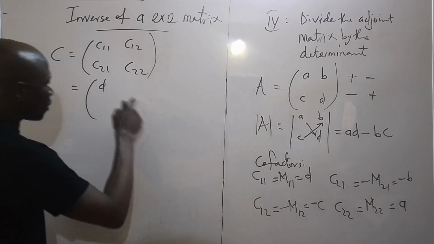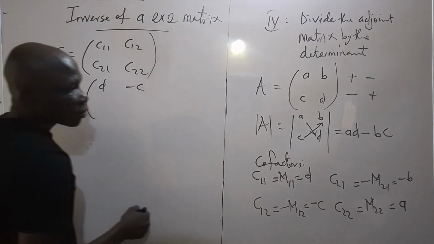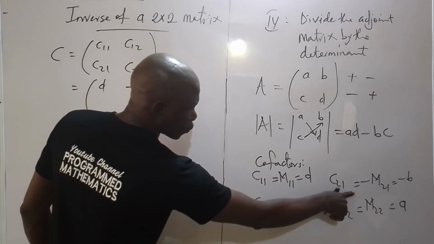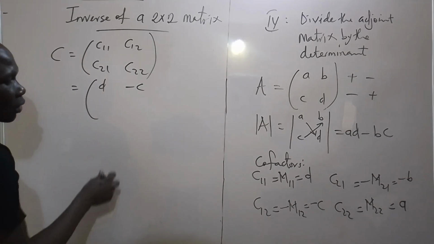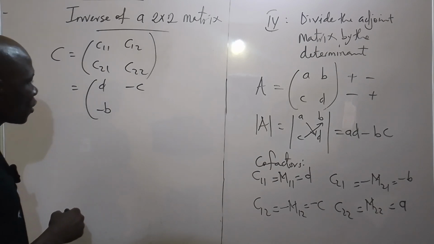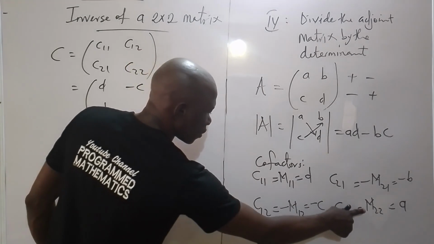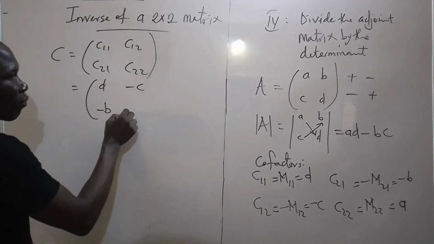C12 is minus C here. And then C21, second row, first column, that's minus B. Okay, minus B. And then, of course, the C22 is A.